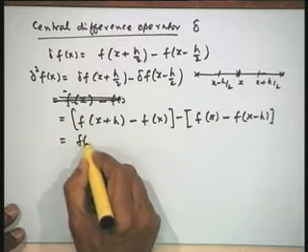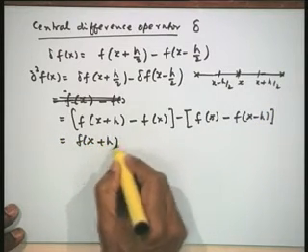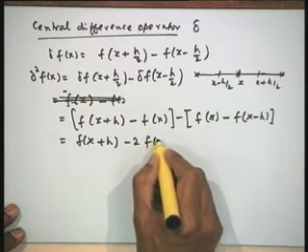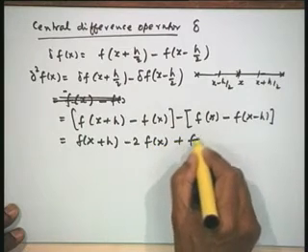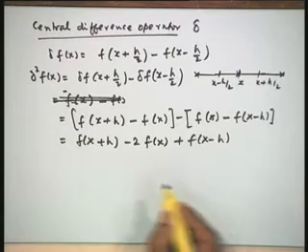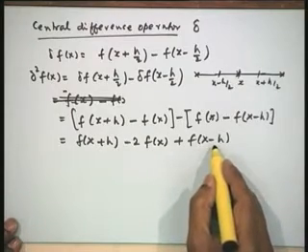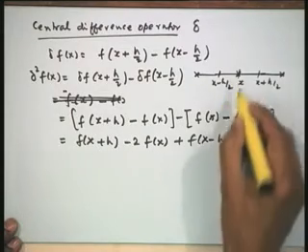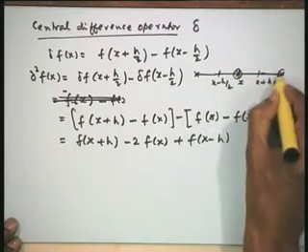So, this is f(x + h) − 2 f(x) + f(x − h). All these three are nodal points and now they are symmetrically placed. Now, we are using these ones.